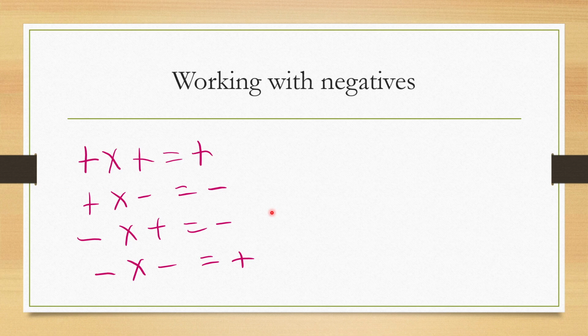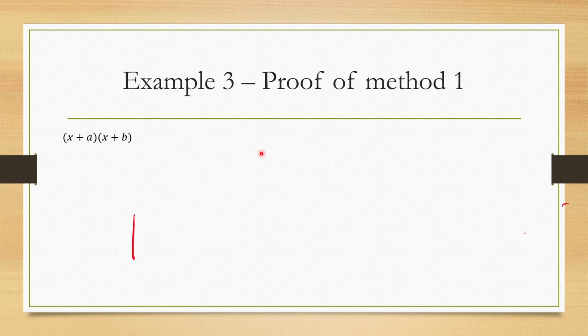So always keep this in your mind. When you're working with positives and negatives, be very careful, because it's so easy to lose track of which sign is in front, a positive or a negative. Most of the time, people get it wrong.